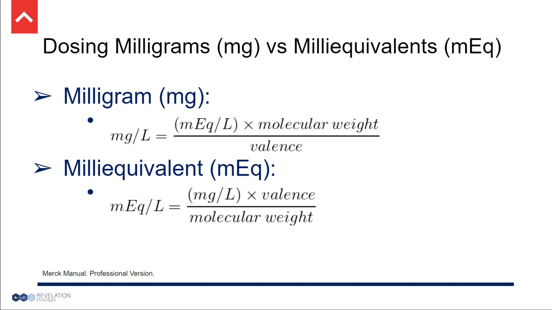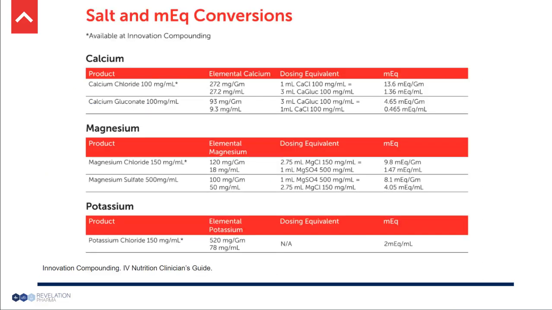So here you can see some equations that can convert between one or the other. So if you wanted the milligrams per ml and you only had the milliequivalents, you could look up the molecular weight and the valence of a given compound, whether it's calcium chloride, magnesium chloride, whatever you have, and you can use sources such as PubChem to find the molecular weight and valence that you can plug into these formulas if you had to convert back and forth.